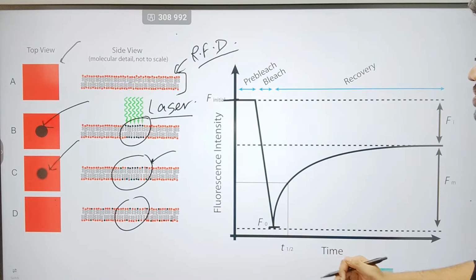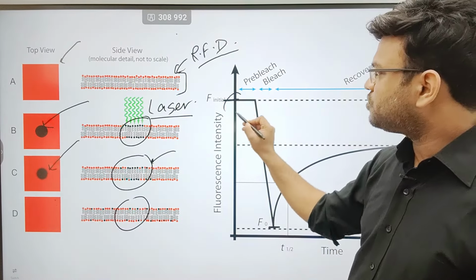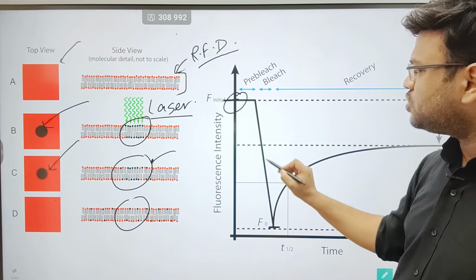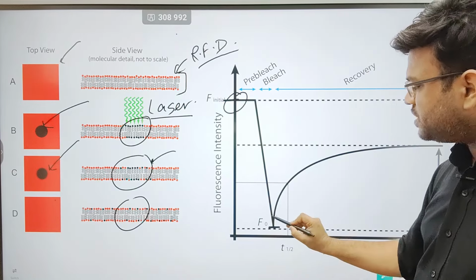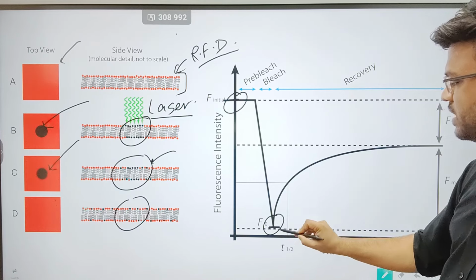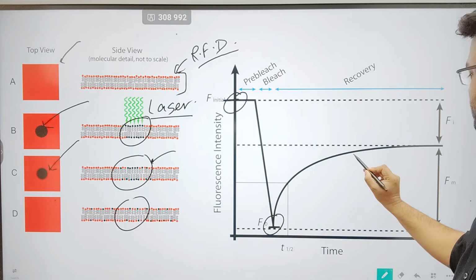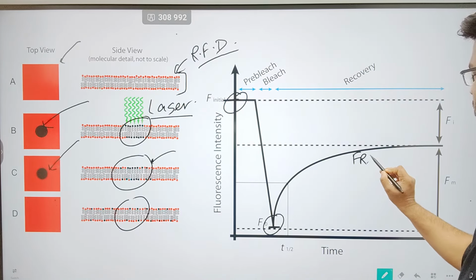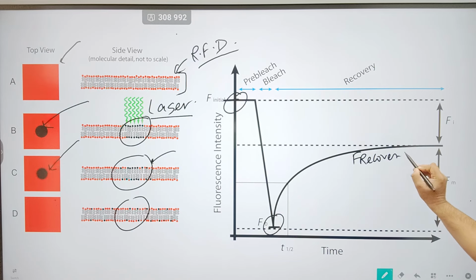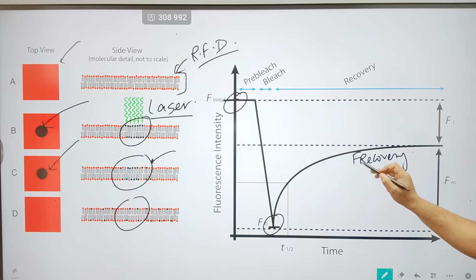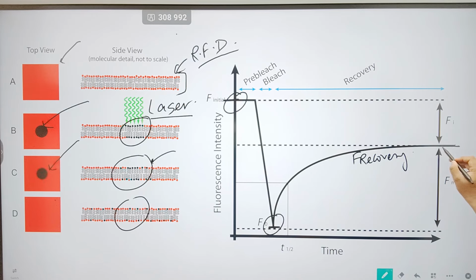In this diagram again you can see that initially the level of fluorescence was this much, suddenly you applied bleaching, because of the bleaching the level of fluorescence went down, and again because of the fluorescence recovery, and because of the recovery the fluorescence again reaches this area.